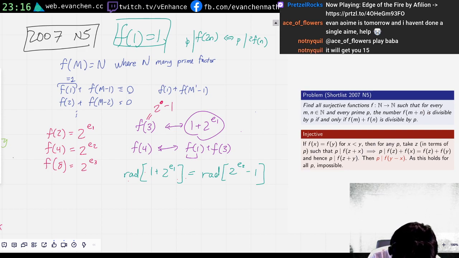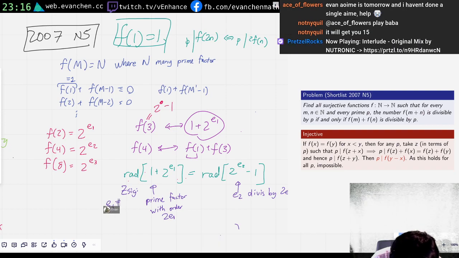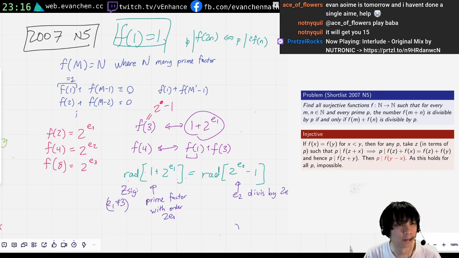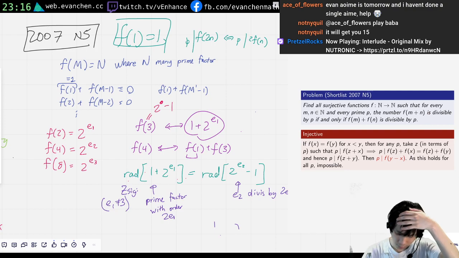Yeah, it's sort of like, suppose I have some prime, okay? So by Zsigmondy, there's a prime factor with order 2 e2, or 2 e1. So that means e2 is divisible by 2 e1. This is assuming it's not equal to 3. This is weird. So if e1 is not equal to 3, then e2 is divisible by 2 to the e1.